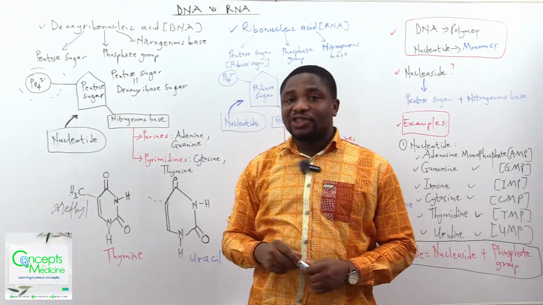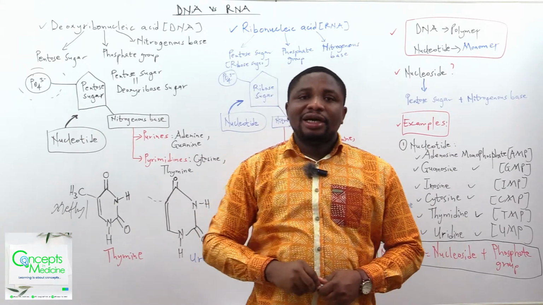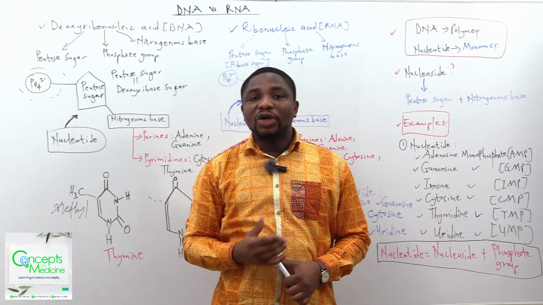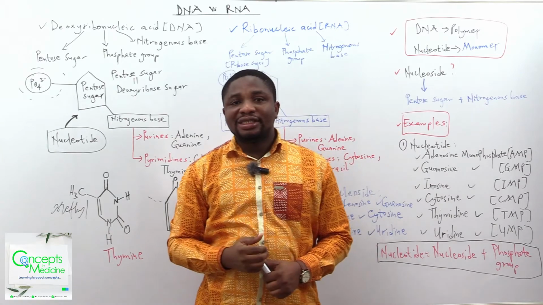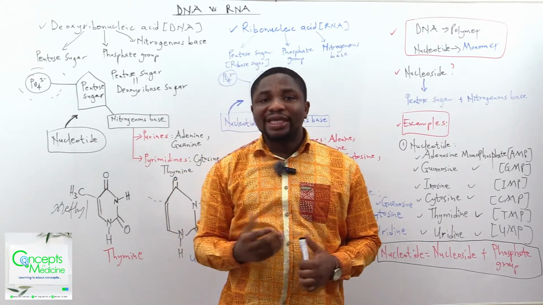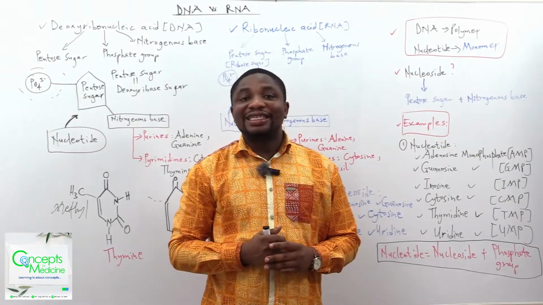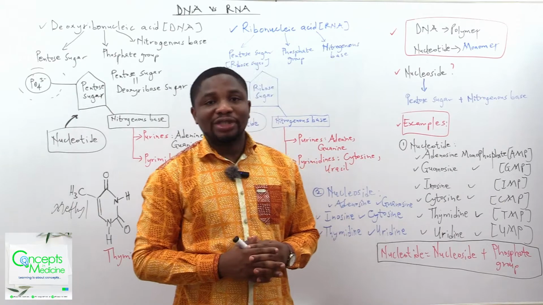It will not have the phosphate group, and that makes it a nucleoside. Let's move ahead and look at the examples of the nucleotide and the nucleoside. Then on top of that, we would try to relate the nucleoside and the nucleotide.